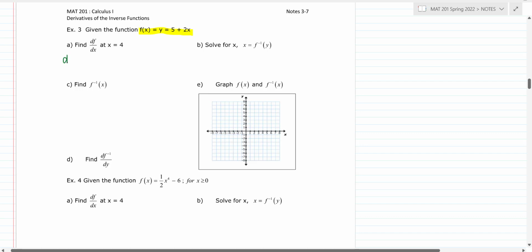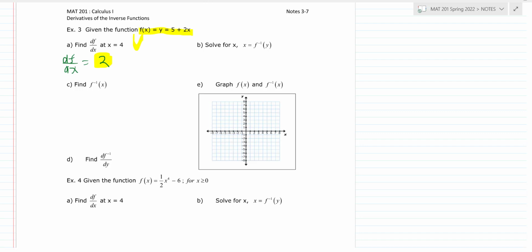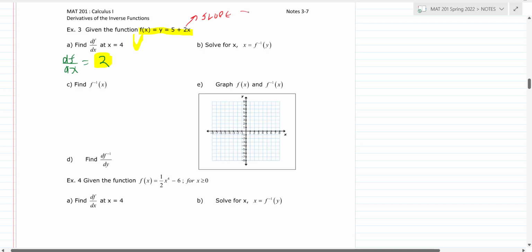If I do df over dx, the derivative of that function is just 2, and it's always going to be 2. It doesn't matter if x equals 4. This is a linear function, so the slope of the tangent line is always going to be 2.